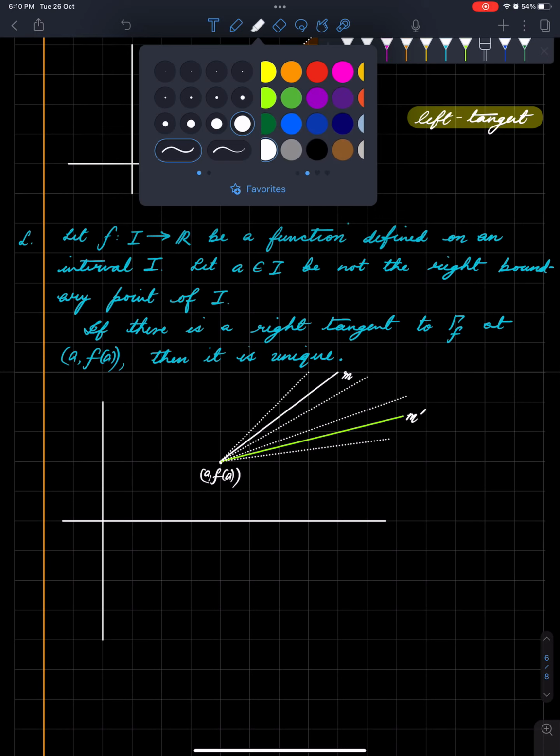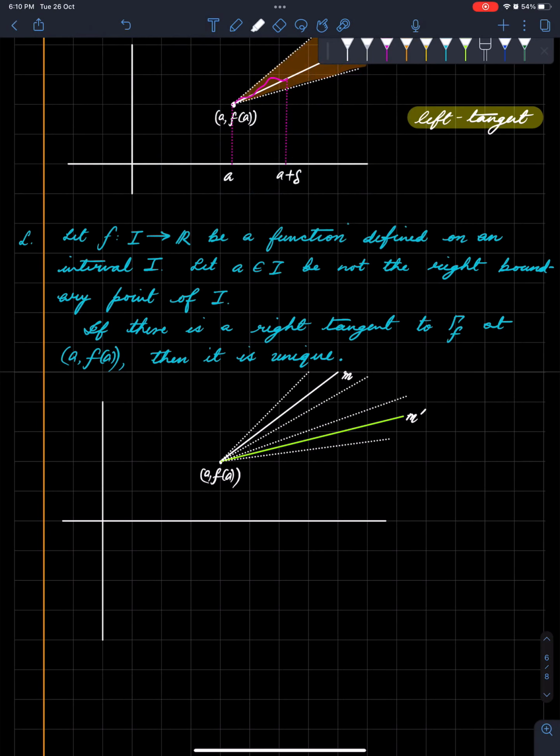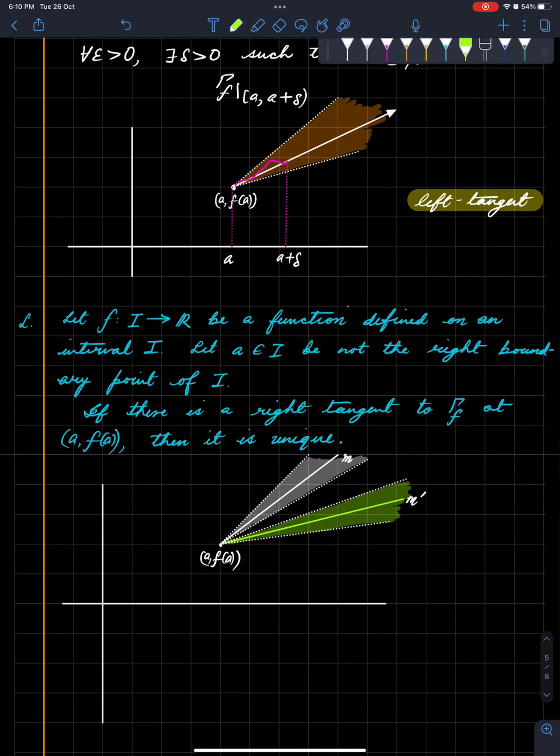In YouTube, the forward button is your friend. This is the epsilon cone about this ray. And this is the epsilon cone about the other ray. This is C epsilon rho prime.